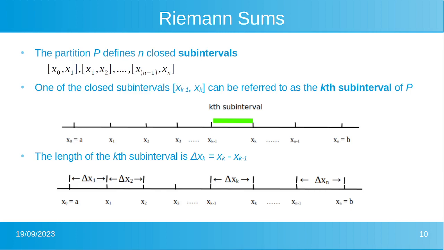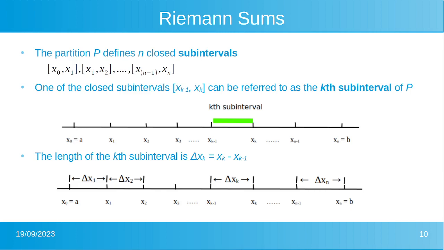We can see that we've got our first subinterval from x0 to x1, our second subinterval from x1 to x2, our third subinterval from x2 to x3, and so on. And then highlighted in green, we have our kth subinterval from x_{k-1} to xk, and so on until our nth subinterval from x_{n-1} to xn.